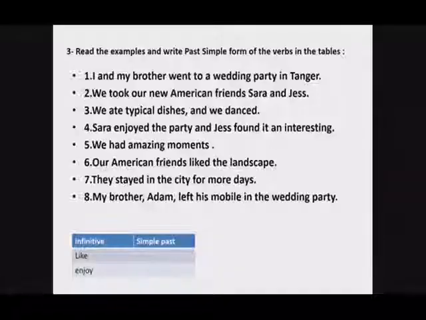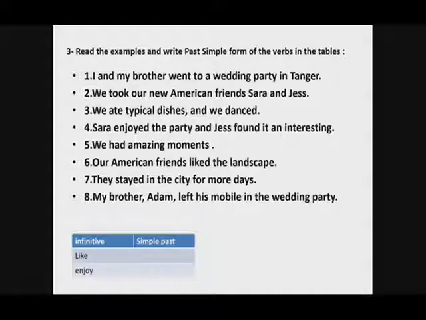Number 1, I and my brother went, which is the verb to go, went to a wedding party in Tangier. We took our new American friends, Sarah and Jess. We ate typical dishes and we danced. Sarah enjoyed the party and Jess found it interesting or uninteresting.